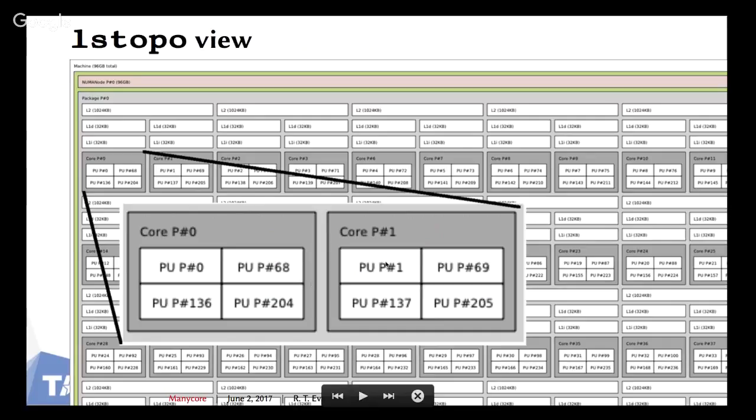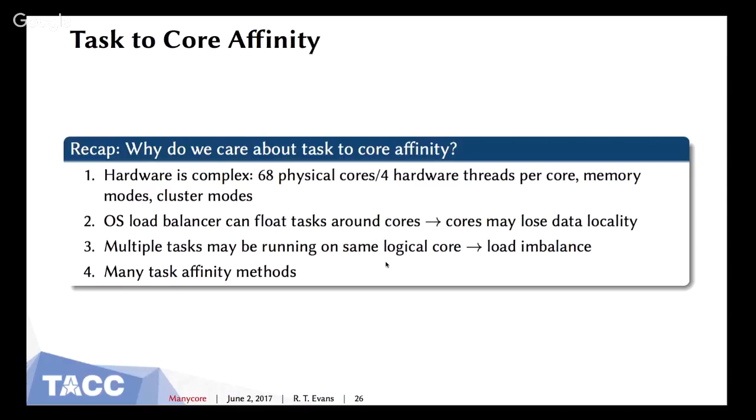You need to remember, this is the same physical core. So if you were to do some sort of process binding or thread binding to 0 and 68, they would both be running on the same physical core. And this is why we care about affinity.